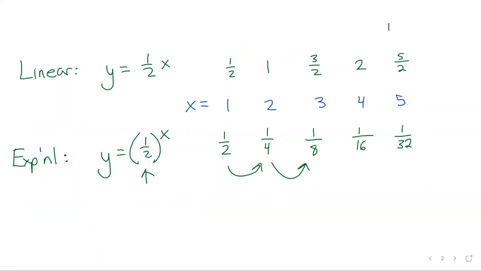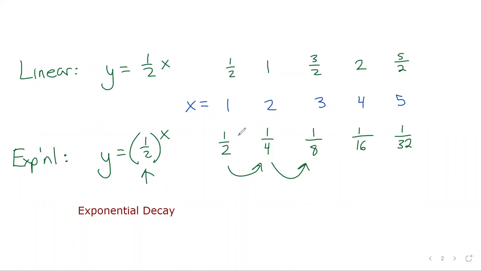And then what we have here, we would call exponential decay. And this means that something is getting smaller and smaller and smaller over time because we're multiplying by something less than 1.